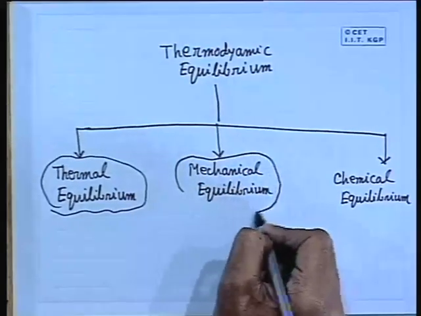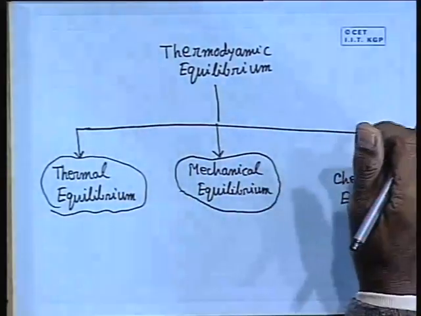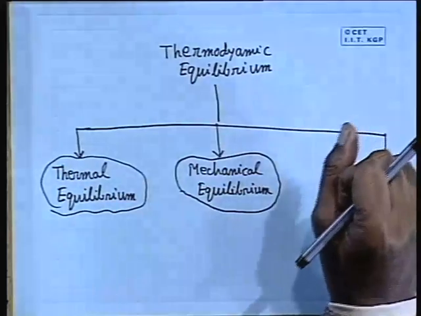Mechanical equilibrium is the equilibrium with respect to work transfer between the system and the surrounding. That means there is no imbalance of any properties that would cause work transfer. For example, for mechanical work transfer there has to be an imbalance in the pressure between the system and the surrounding. So in terms of one of the primitive properties, pressure, many books say that if there is no imbalance between the pressure of the system and the surrounding, the system attains mechanical equilibrium.